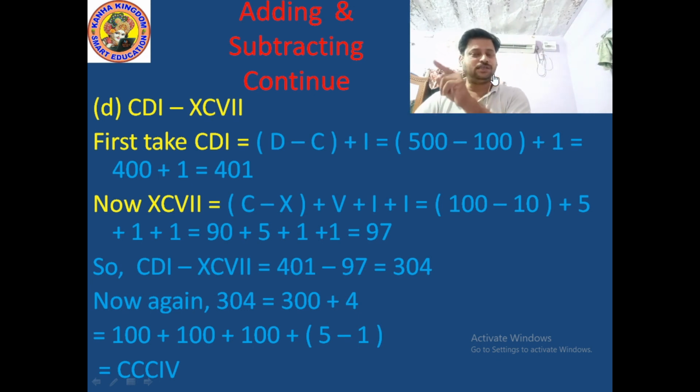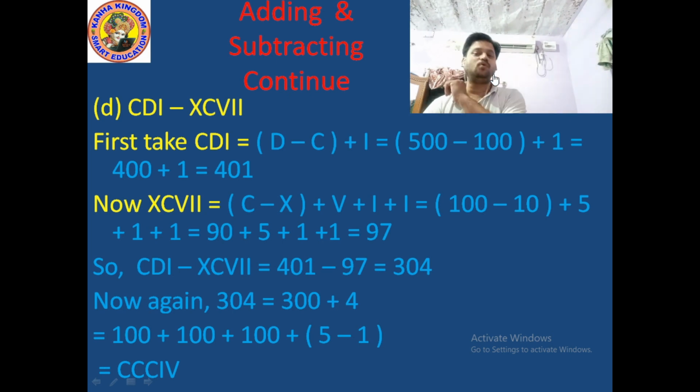Is this 307 or 306 or 304? Tell me. Yes, this is 304, not 306, not 307. This is 304. How can we write 304?